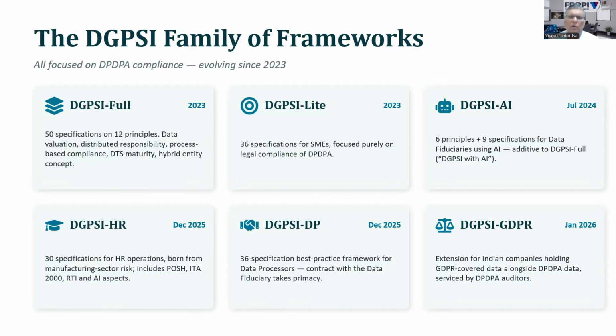Then we also created a framework for data processors who intend to be compliant with the DPDPA, though there is no legal mandate for that. We felt that data processors would voluntarily adopt this DGPSI DP as a framework. This had 36 specifications.